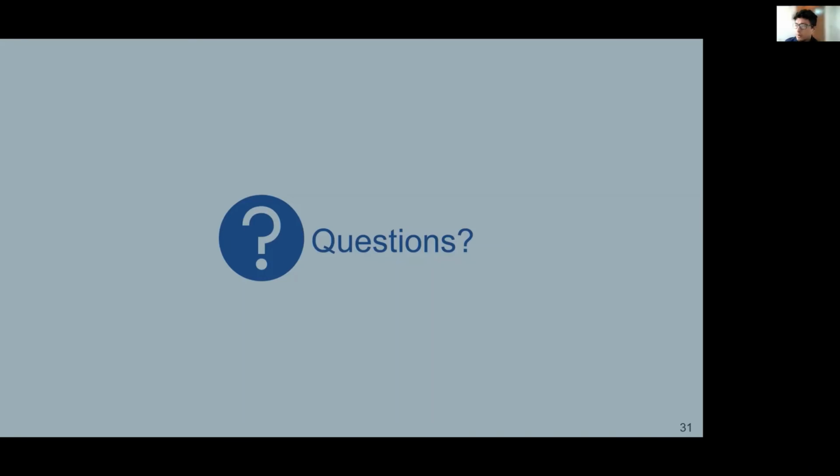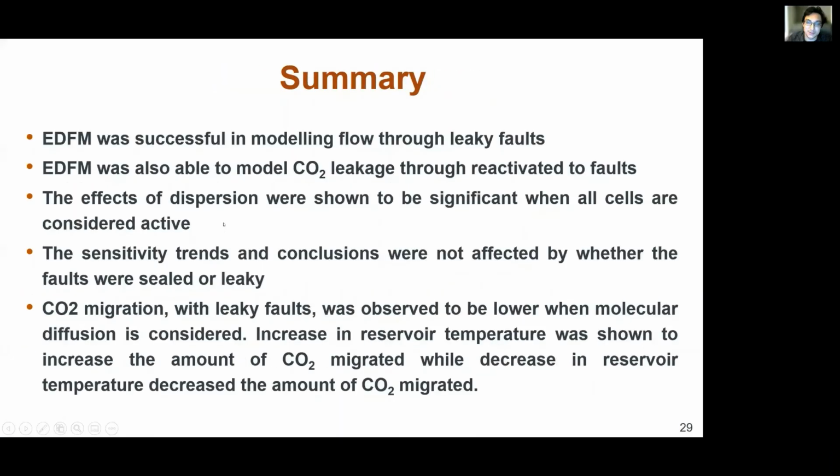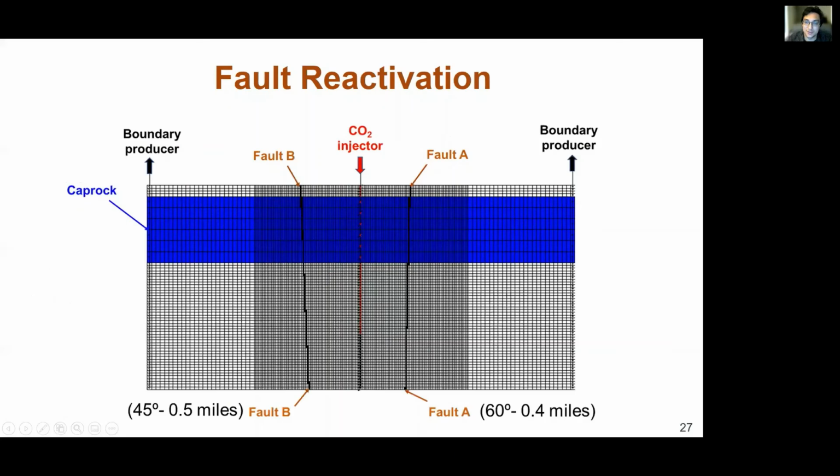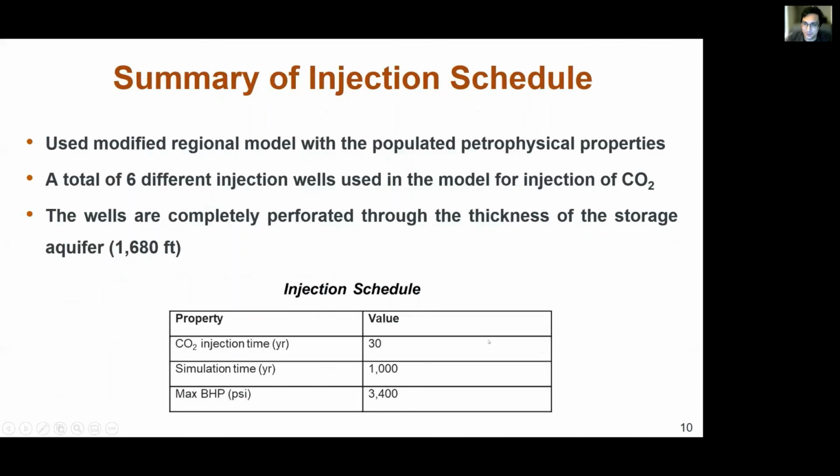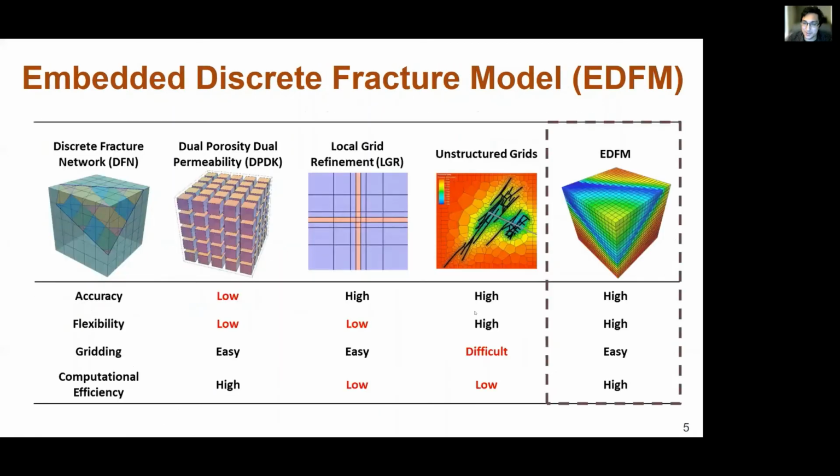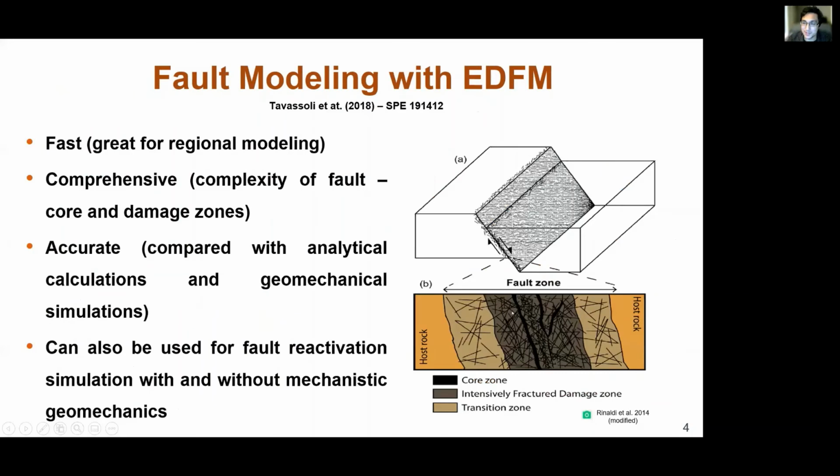Okay, and we have another one. What are the main mechanisms to cause leaky faults? Do natural fractures around faults play a key role? Yeah, they might play a key role. We might have these fractures here connecting, if they are reactivated, the fault to the fault core.